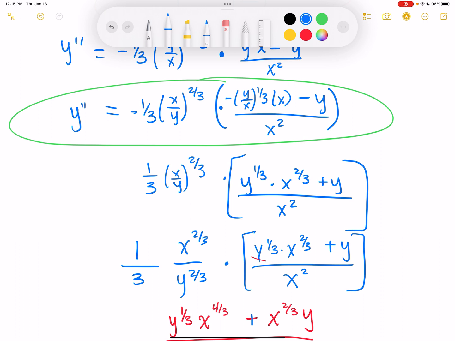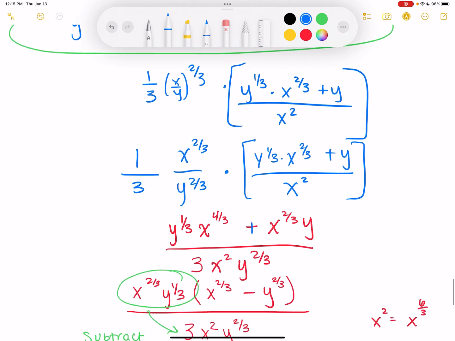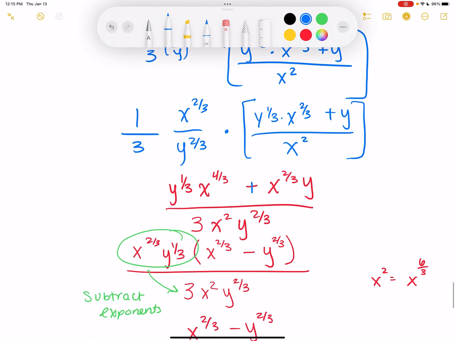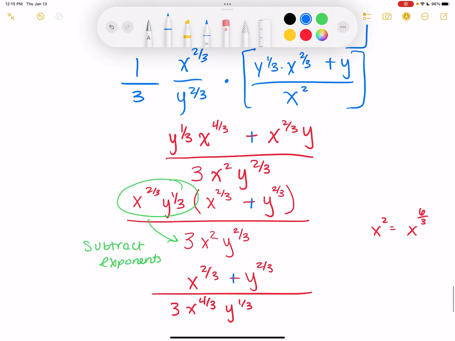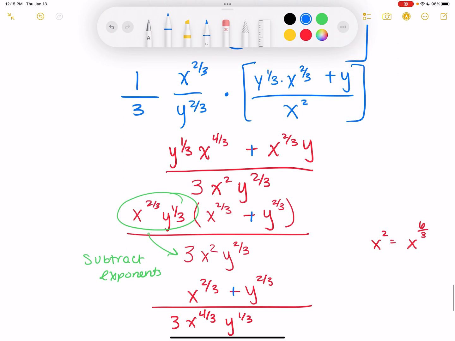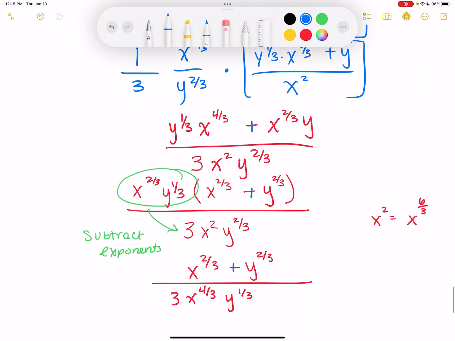So then all of these where we had minus y going down are now plus y. And then when you got to here where I switched to red, it'd be plus x to the 2/3 y. Because it was negative because I had the y being negative, but that's plus. This is plus. Now, look at this right here.